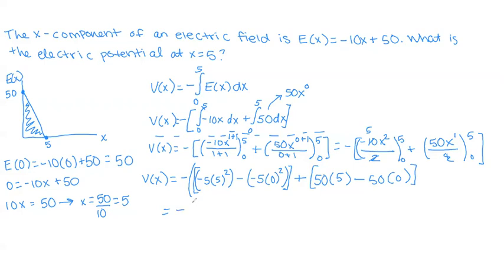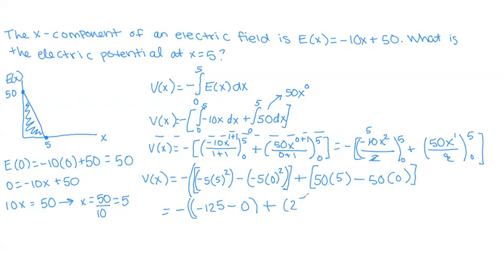Now we just need to simplify this a little bit. So we have negative still, 5 squared is 25 times negative 5 is negative 125. So remember to keep all your negatives together. Minus 0 squared is 0, 0 times 5 is also 0, so that is still 0. Plus 50 times 5 is 250.